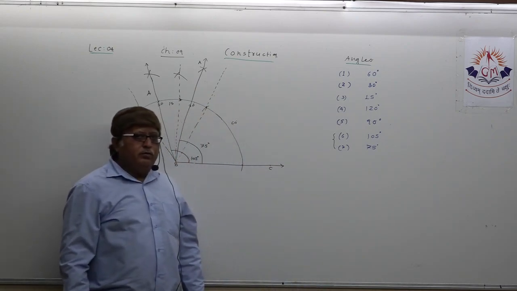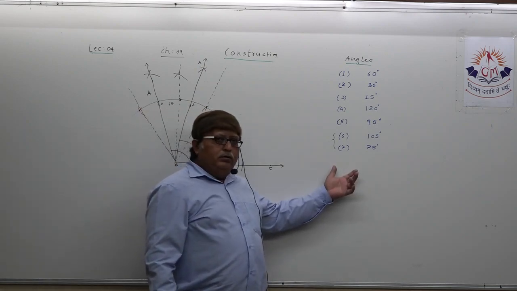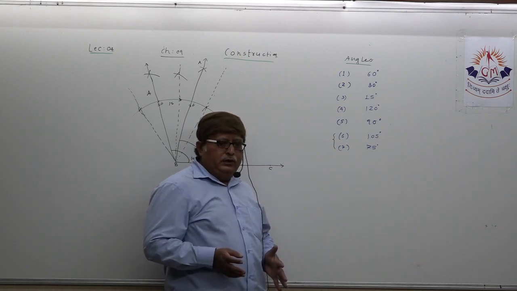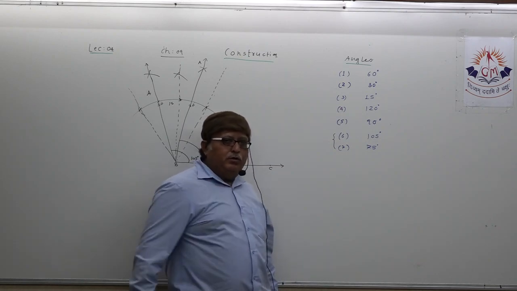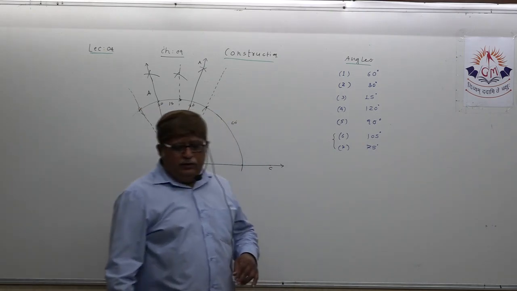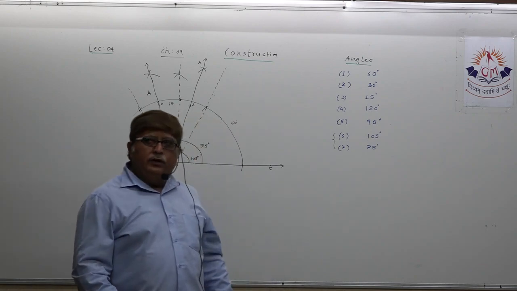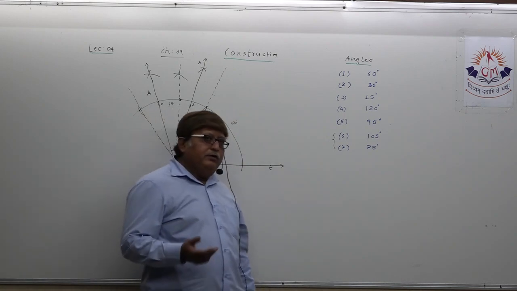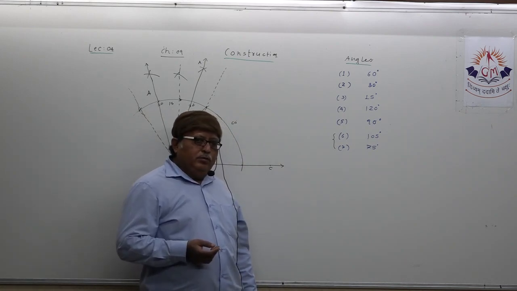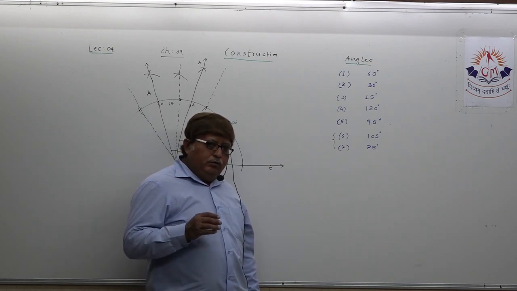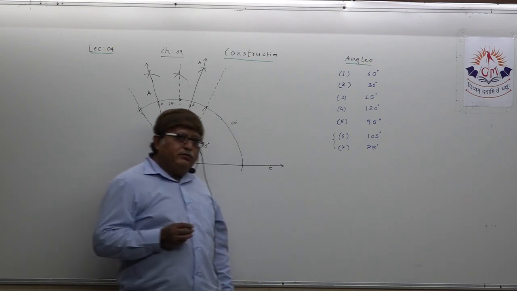In homework also, all these angles you have to practice 3 times. 3 times you have to construct all the angles which we have learned, because this construction of angles is going to help you in construction of various types of quadrilateral, which we will discuss in our next lecture. When we discuss other types of quadrilateral construction which involve constructing the angle, you need to master it.